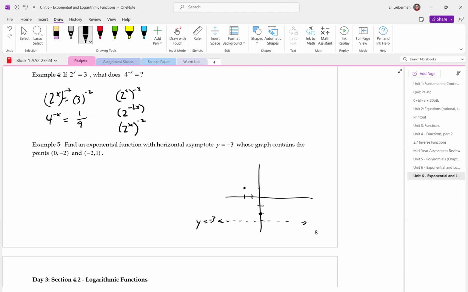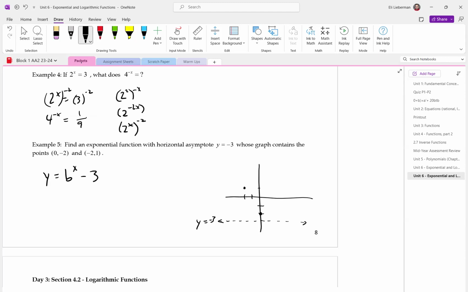Is this enough? It's definitely enough. I'm going to guide you through here. Normal exponential functions are y equals b to the x. This one's going to be b to the x minus 3, isn't it? For sure, it's -3.